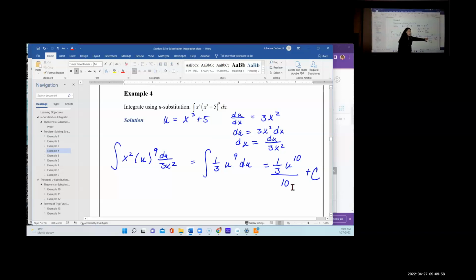But remember, the denominator of the numerator and the numerator of the denominator are both in the denominator. So this really gives you 3 times 10, which ends up giving you 30. And then we replace u with what it originally was, x cubed plus 5, raised to the 10th power, plus c.